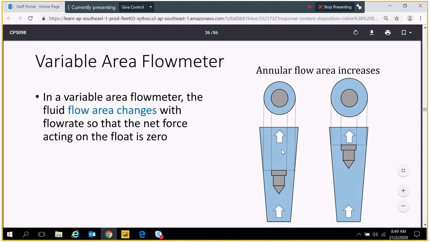So between this and this is circular. This circular area is the annular area, known as the annulus. So in a variable area flow meter, the fluid flow area changes with flow rate so that the net force acting on the float is 0.